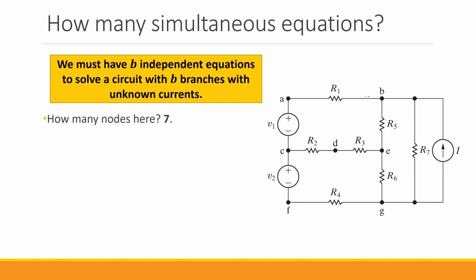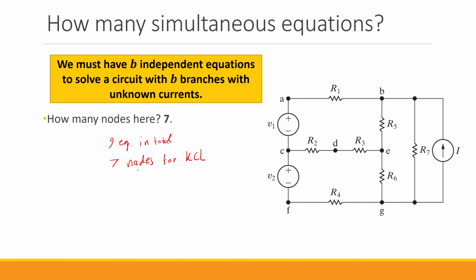We have A, B, C, D, E, F, G. So in total we have 7 nodes. Out of the 9 equations that we need, we have 7 nodes that we can use for writing KCL.